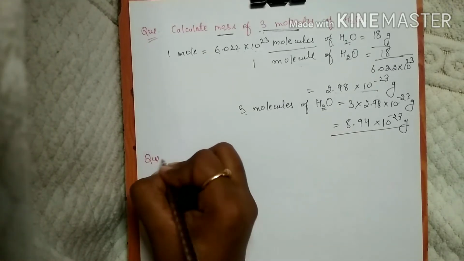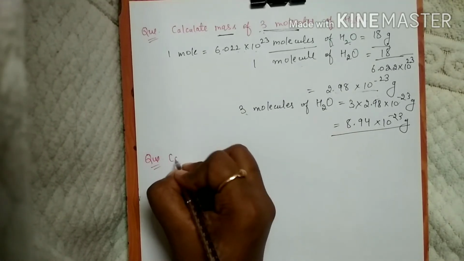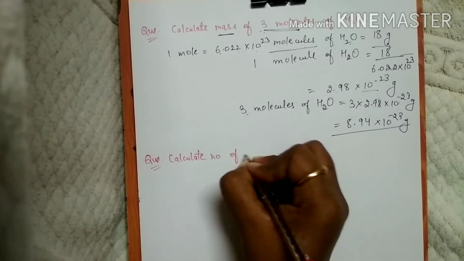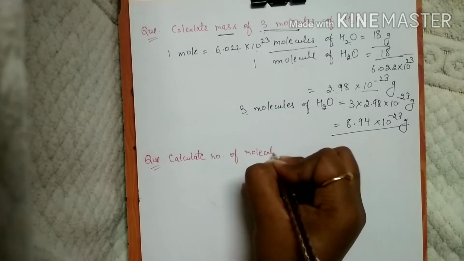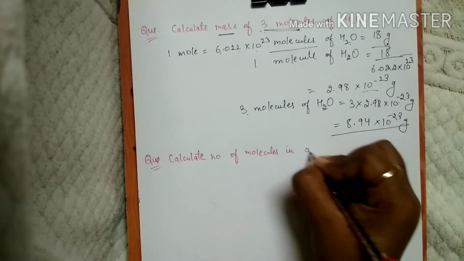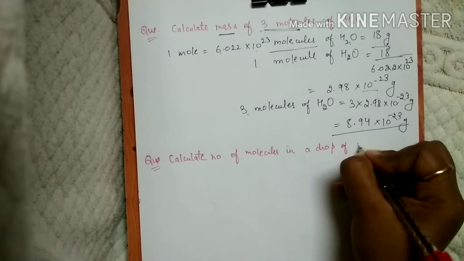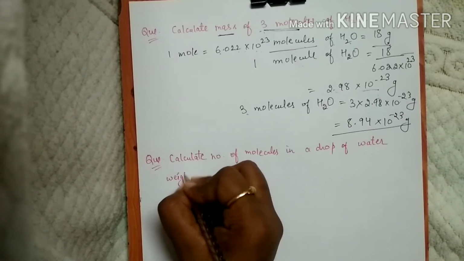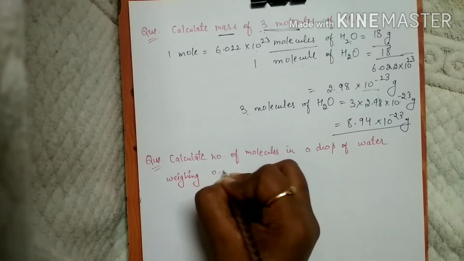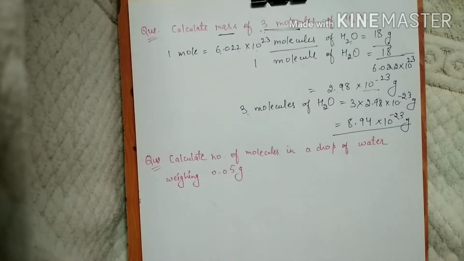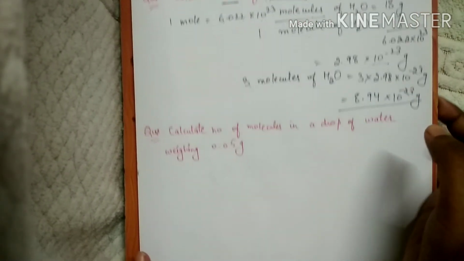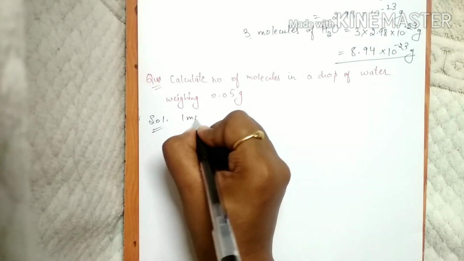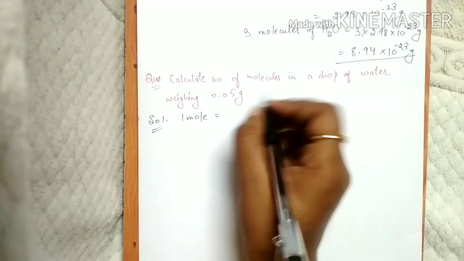Now the next question. Calculate number of molecules in a drop of water weighing 0.05 gram. Again we know 1 mole is equals to molecular mass of water.